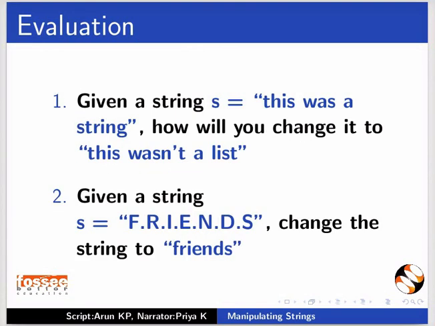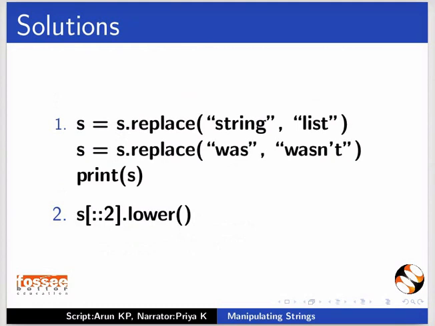Here are some self-assessment questions for you to solve. First, given a string s is equal to this was a string, how will you change it to this wasn't a list? Second, the string s is assigned as shown. Change the string to friends. And the answers?